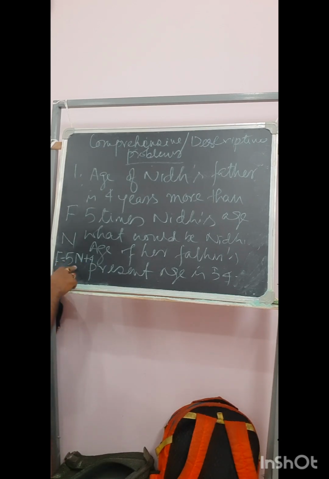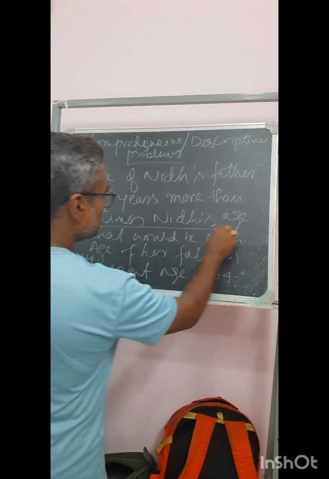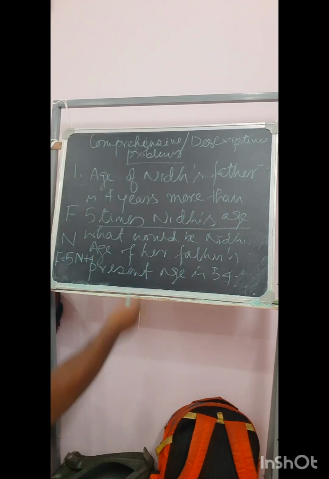Father's age is 5 times Nidhi's age plus 4 years. As per the condition, I can bring this equation: f is equal to 5n plus 4. So this is an equation.